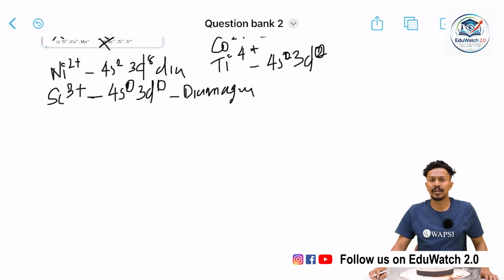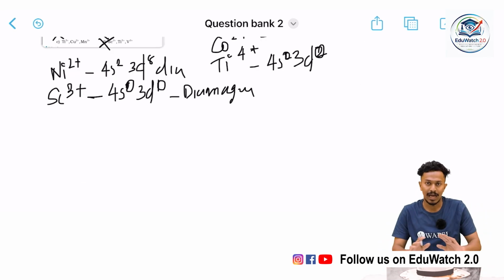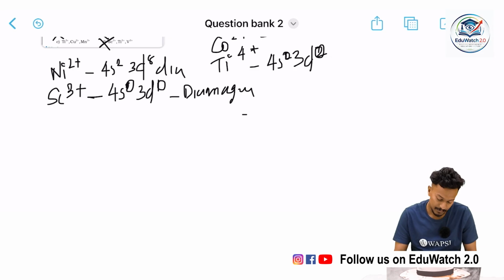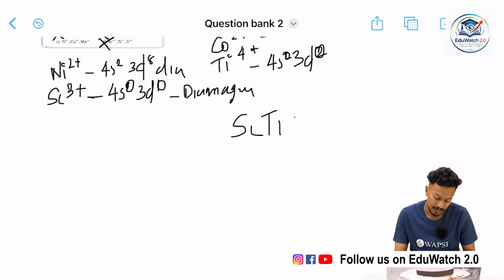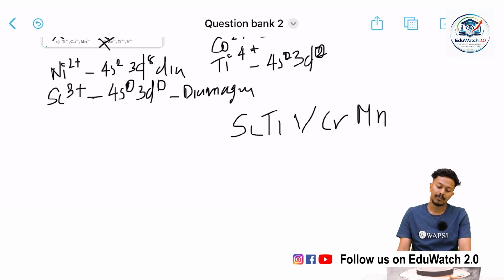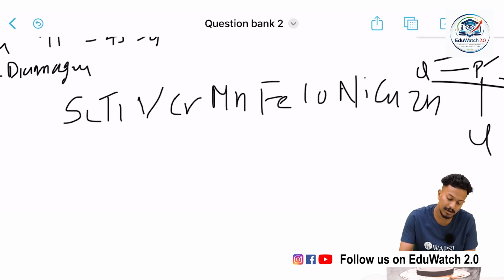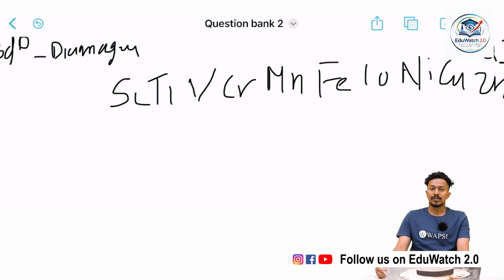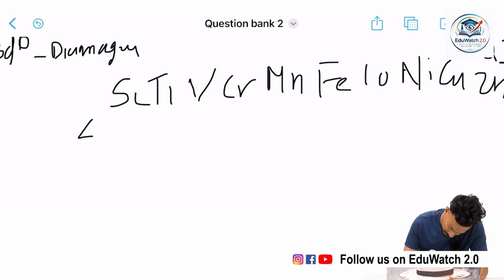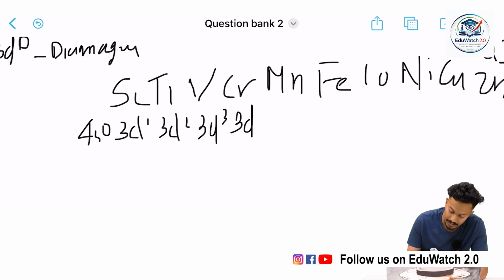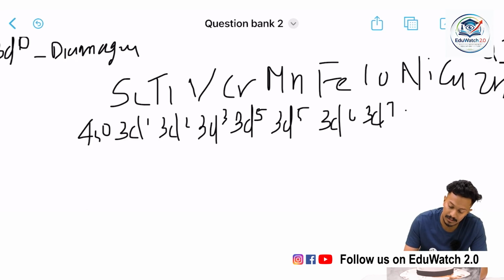There is an easy way of determining the electronic configuration of d block elements. I am going to explain the first 10 elements of the d block: scandium, titanium, vanadium, chromium, manganese, iron, cobalt, nickel, copper, zinc. These have 4s0 and 3d1, 3d2, 3d3, 3d5, 3d5, 3d6, 3d7, 3d8, 3d10, 3d10.